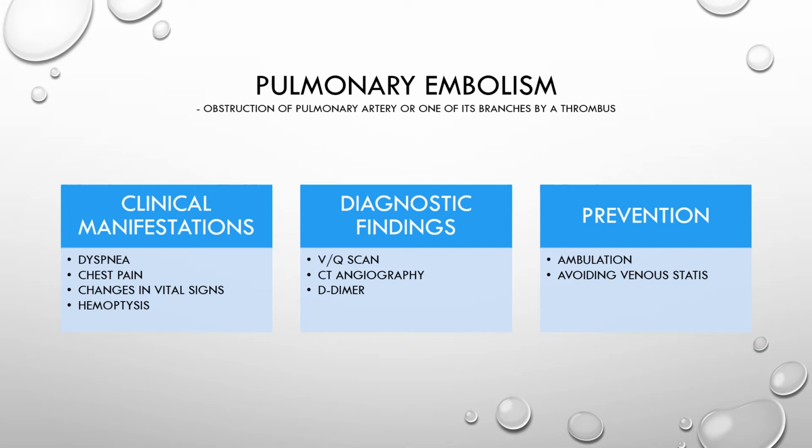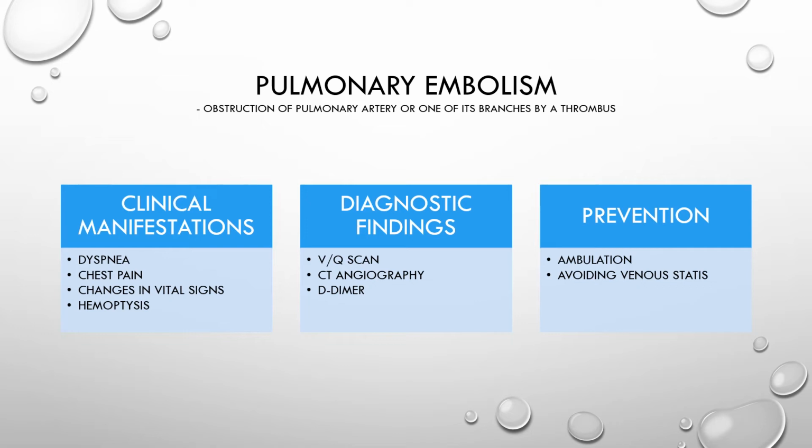A CT scan helps to provide a more accurate visualization of the PE. A D-dimer is a nonspecific blood test that would be elevated if the client was positive for a blood clot. However, this does not tell us where the thrombus is located. A D-dimer could be elevated in a DVT or a PE.